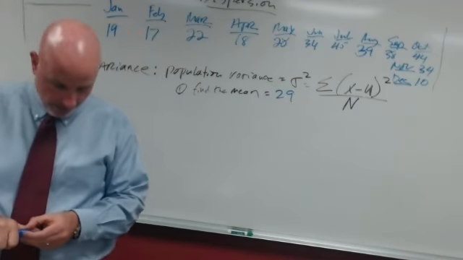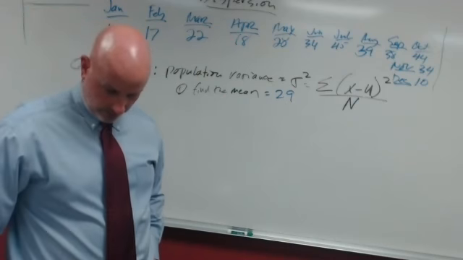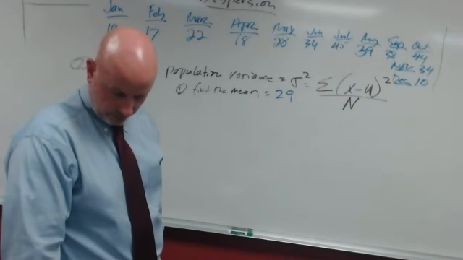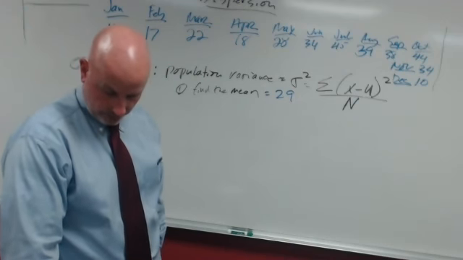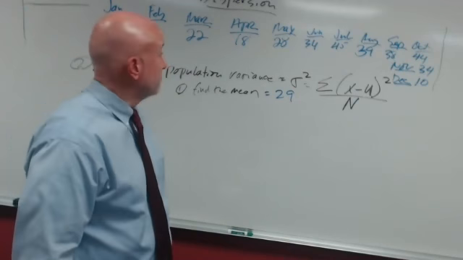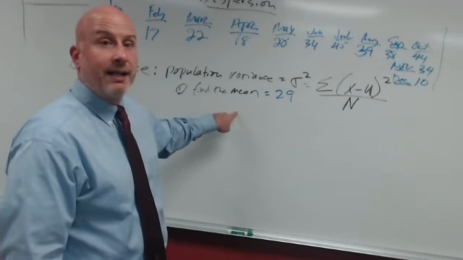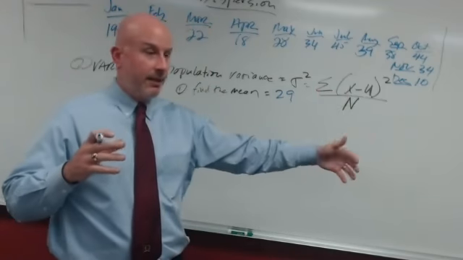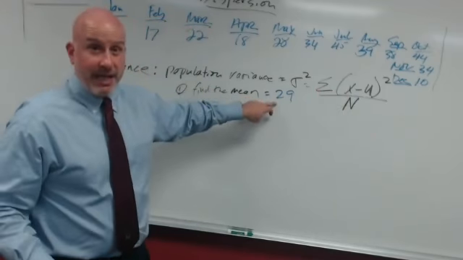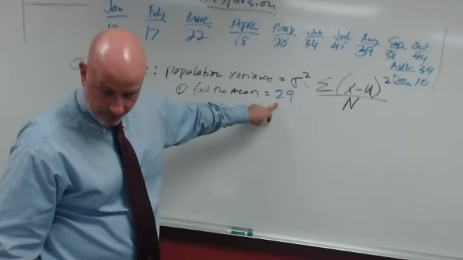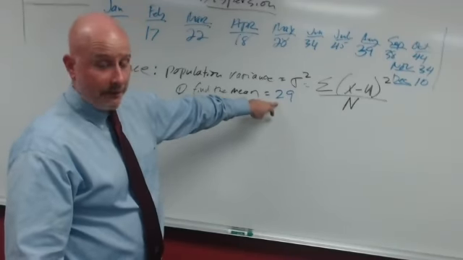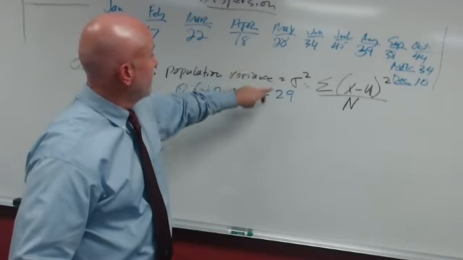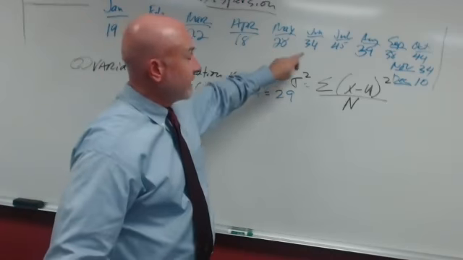Now what's step 2? Remember, we're calculating the mean dispersion around our mean. Here's the mean of all of our data, 29. Next, we've got to find the difference between each observation and the mean.